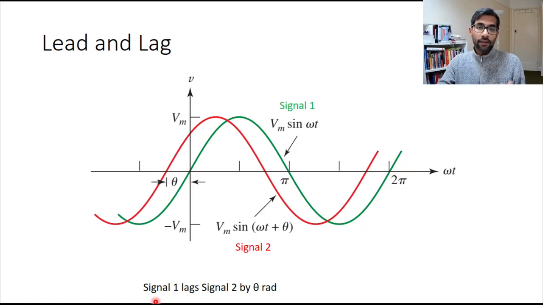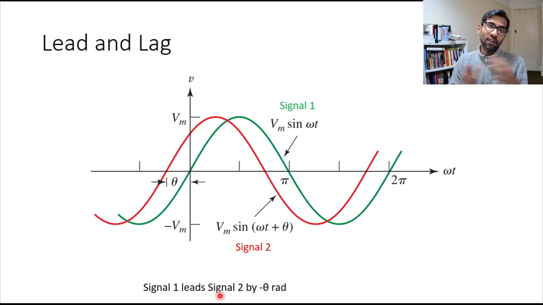Now, the leading and lagging can happen in this way as well. We could say signal 1 leads signal 2 by minus theta radians. And that is the same as saying signal 1 lags signal 2 by theta radians, right? So if you're leading by minus theta radians, that means you're lagging the signal by theta radians. So hopefully that makes sense.